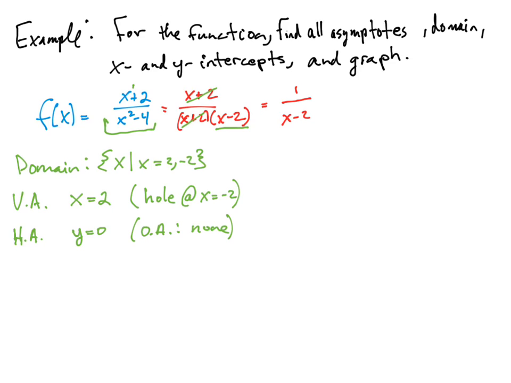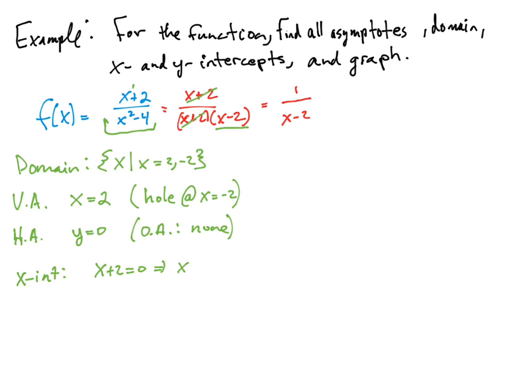And then for the x-intercept, we want to determine when the numerator is equal to 0. So we want to set the numerator equal to 0. So x plus 2 is equal to 0.